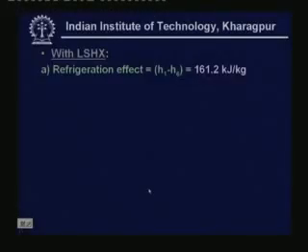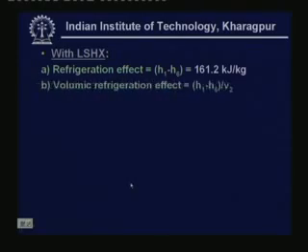Refrigeration effect H1 minus H6, if you substitute the values, you find that it is 161.2 kilojoule per kg, and volumetric refrigeration effect is nothing but, as you know, refrigeration effect divided by the specific volume at that point. The specific volume we have found from the properties. If you substitute the specific volume value there, you find that the volumetric refrigeration effect is 3676.2 kilojoule per meter cube.